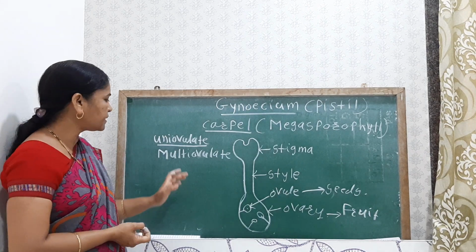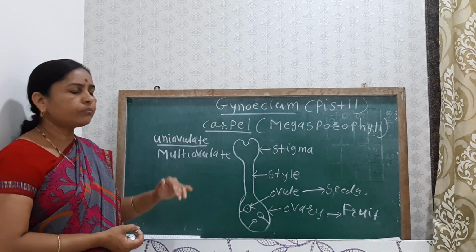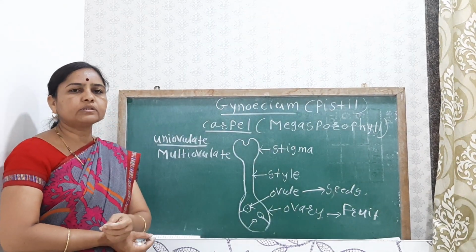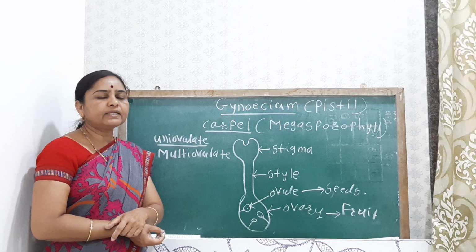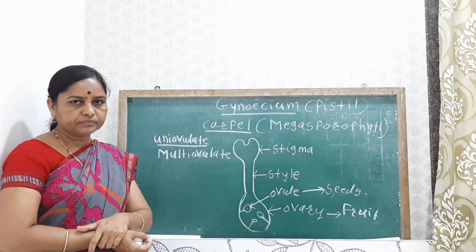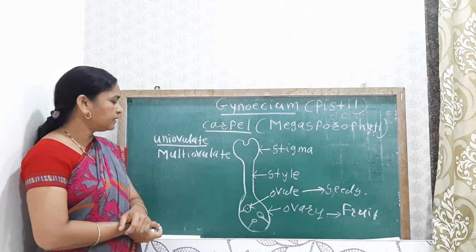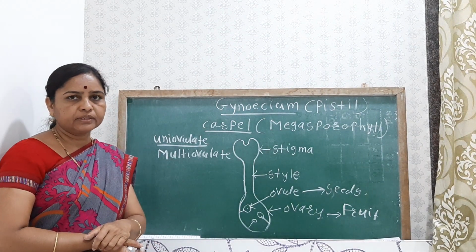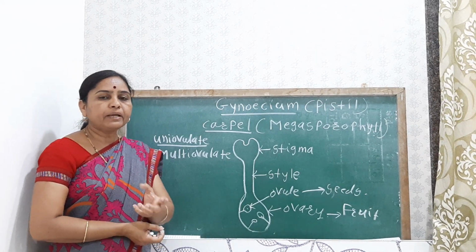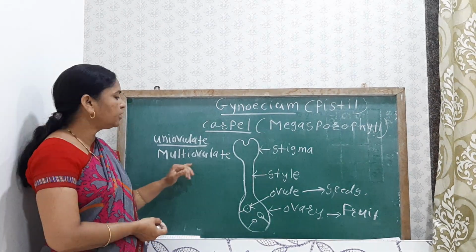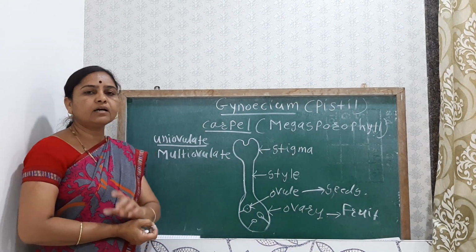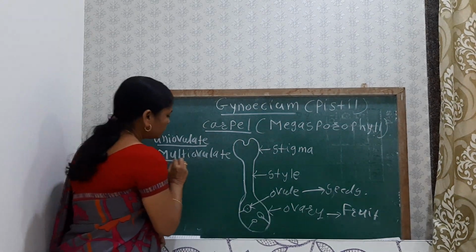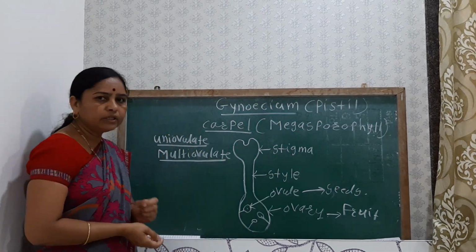These fruits are mainly many-seeded. Do you know some examples of many-seeded fruit? For example, in tomato there are many seeds, the multi-ovulate condition. Also in lady's finger, bhendi, the multi-ovulate condition is present, that is, many ovules are present. So here we have multi-ovulate and uniovulate.